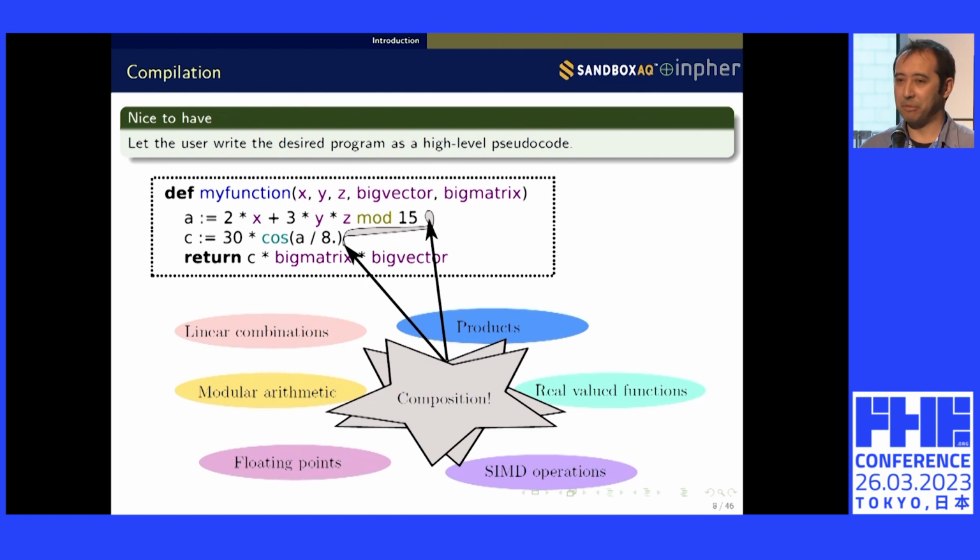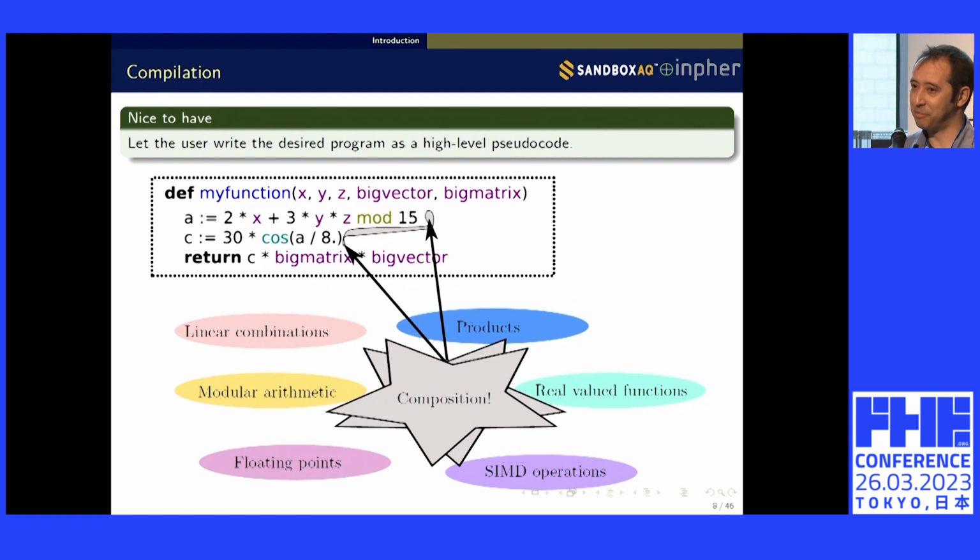But of course, the problem with LHE is that it is not universally composable. Usually, there is always something that is different between the input and the output of the function. It can be the plaintext space, it can be the ciphertext space, it can be even just the noise level. So the thing that is really hard in this pseudocode is probably not only the arithmetic function that is inside, but also this new line character at the end of each instruction.